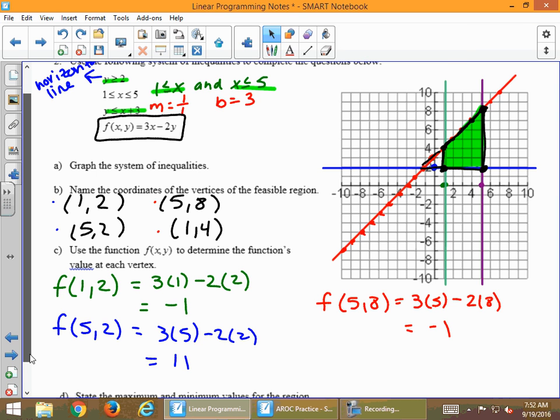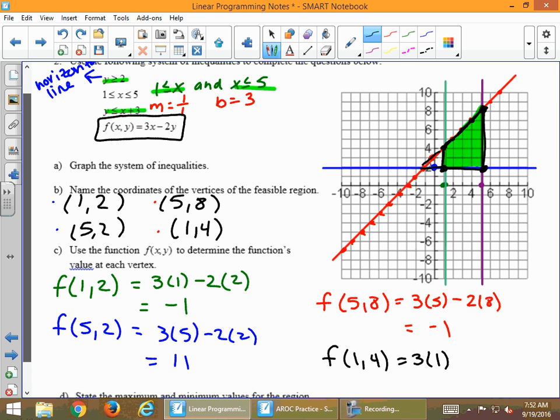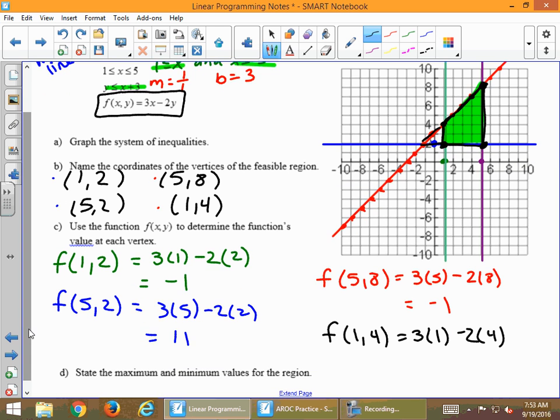Plug in this last one. We're going to plug 1 in for x and 4 in for y. 3 times 1 and 2 times 4. Okay. 3 times 1 minus 2 times 4 is -5.